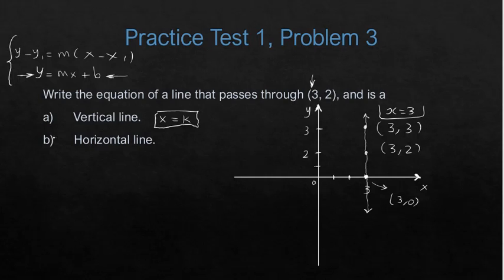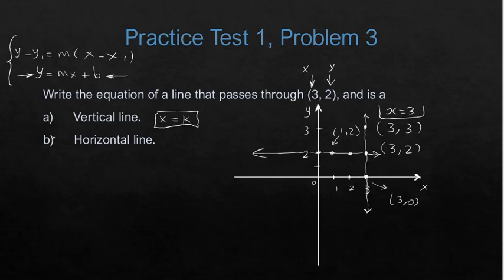For the horizontal line, you would pick a couple of points along the horizontal line that passes through point (3, 2). So this would be my line. If you look at a point to the left of (3, 2), you can see this point would be (1, 2): x position 1, y position 2.